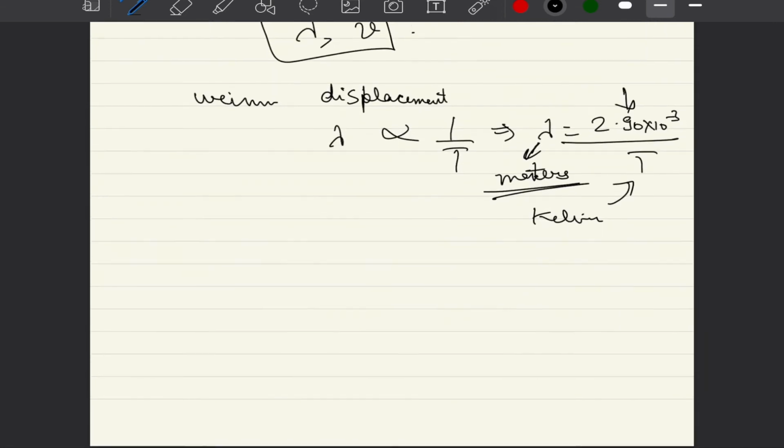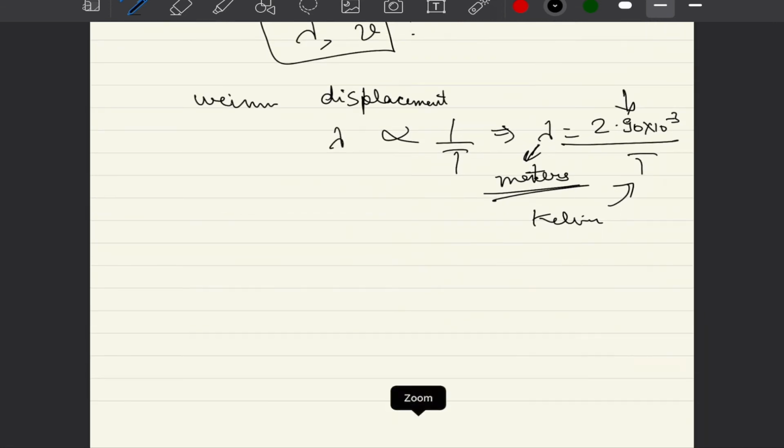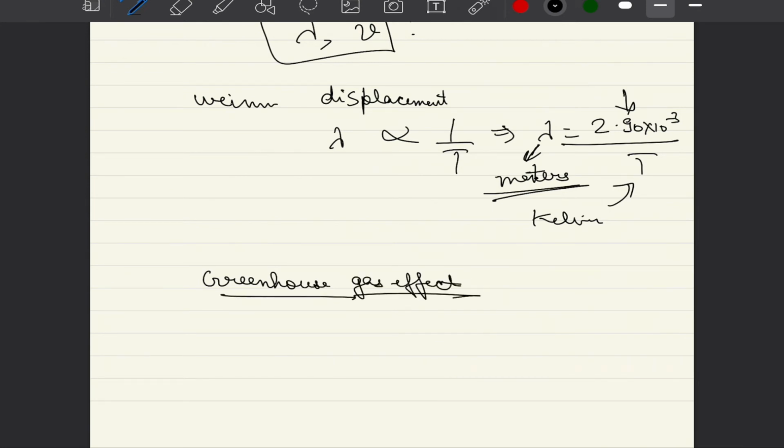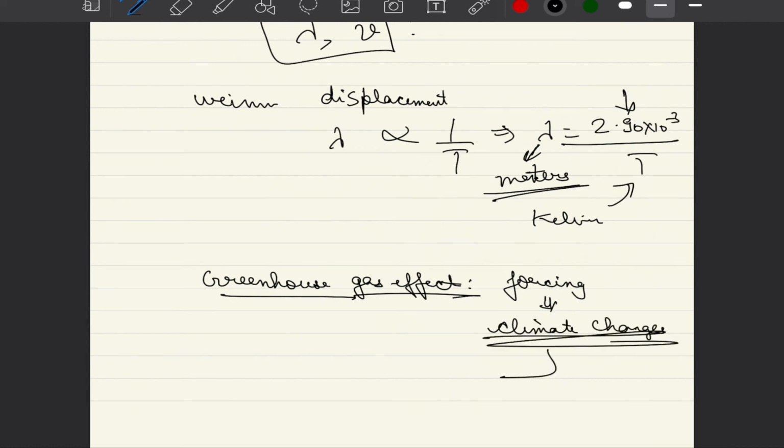This effect, where these added aerosols result in increased backscattering, is called the greenhouse gas effect. And this is said to be the prime forcing that has intensified or accelerated climate change in recent times. We will talk about what this climate change means in the context of precipitation, evaporation, and impacting critical infrastructure systems as we go forward.